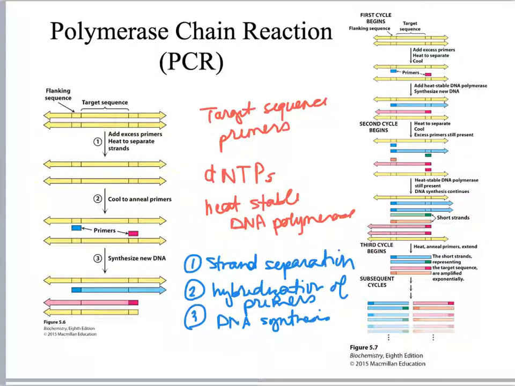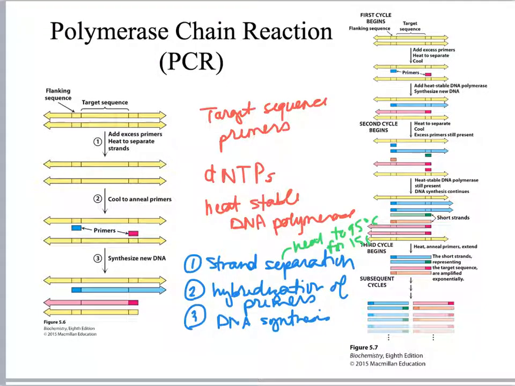Strand separation will occur by heating the solution to 95 degrees Celsius for about 15 seconds. It's a brief period that we heat that to, and that allows for the melting of those strands.